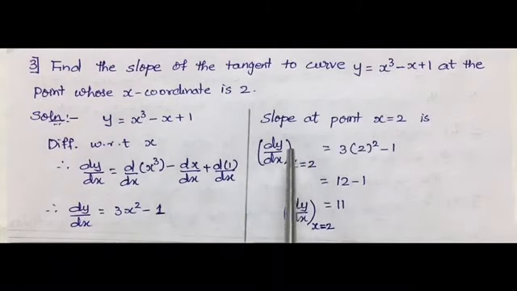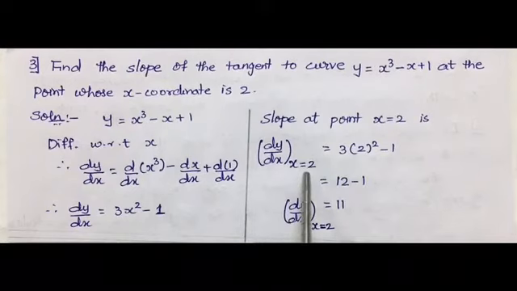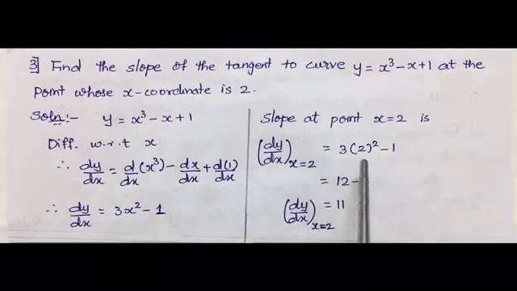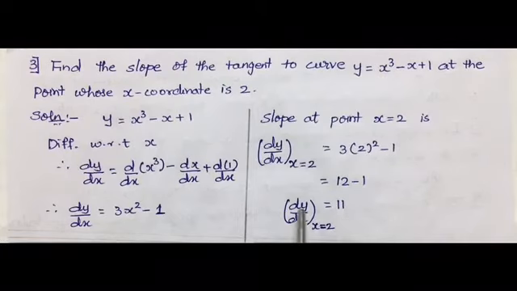So in dy by dx, keeping the value of x as 2, we get 3 into 2 square minus 1. So 2 square is 4. 4 into 3 becomes 12 minus 1. And dy by dx at the point x equal to 2 is 11. So the slope is 11 at the point 2.